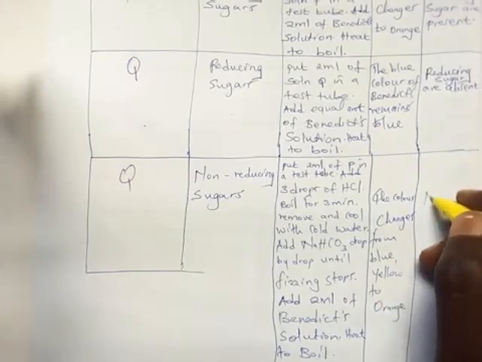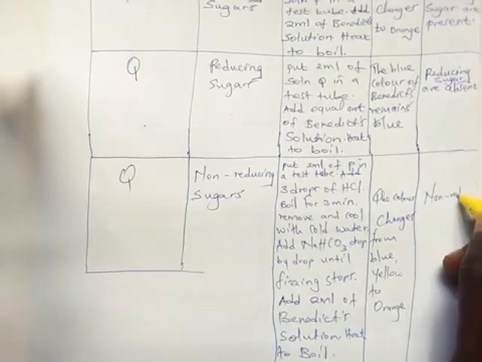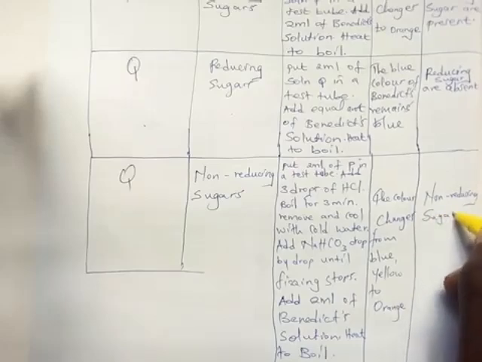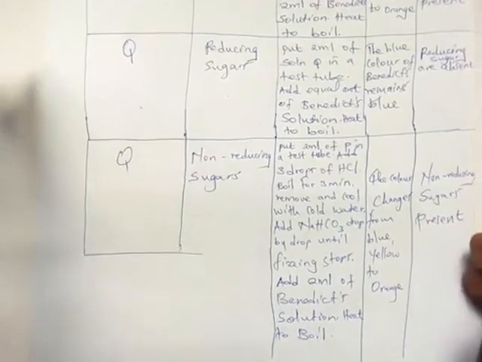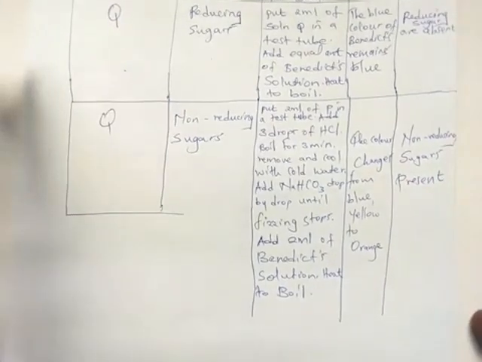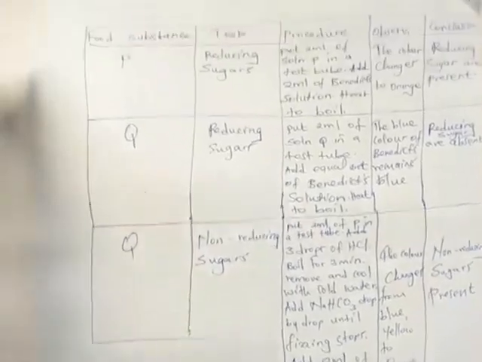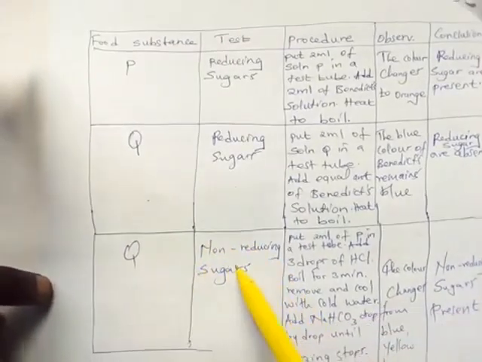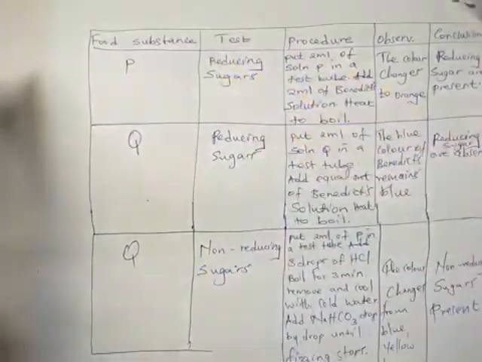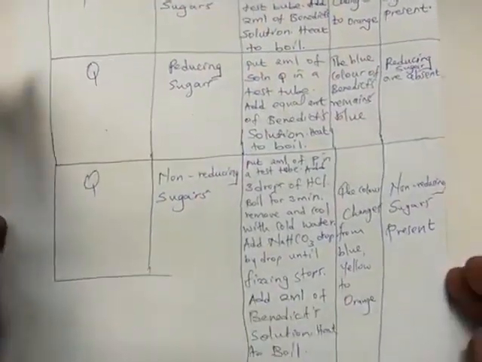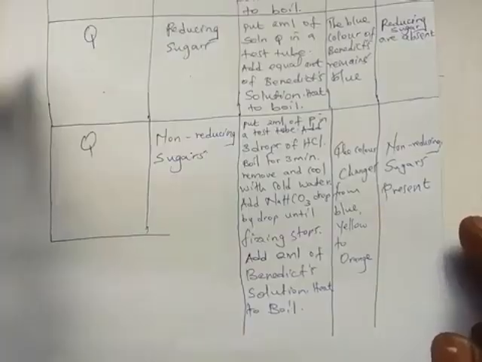Then you see non-reducing sugars are present. Then you get your 12 good marks. Also, you can test the non-reducing sugar using P. Then you will get your good 12 marks.